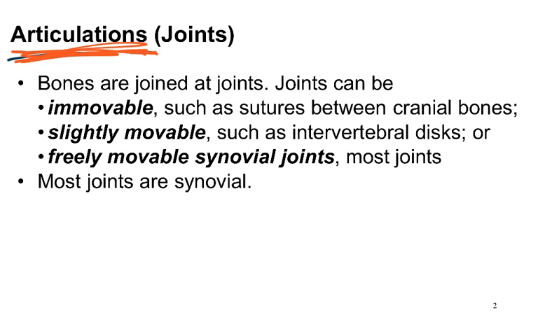So joints could be immovable, slightly movable, like the intervertebral discs, and freely movable, like synovial joints, right? And those are the ones that we really focus on because those are the ones that allow for the most flexibility of movement.